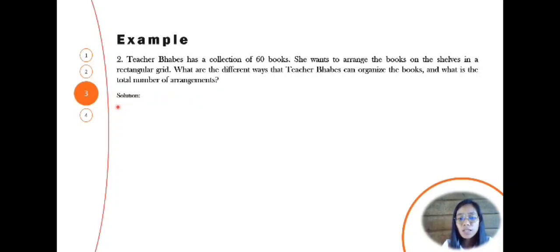Writing down our solution, the first thing that we need to do is to determine the prime factors of 60, which means a collection of 60 books. The prime factorization of 60 is 2 raised to 2 times 3 raised to 1 times 5 raised to 1.